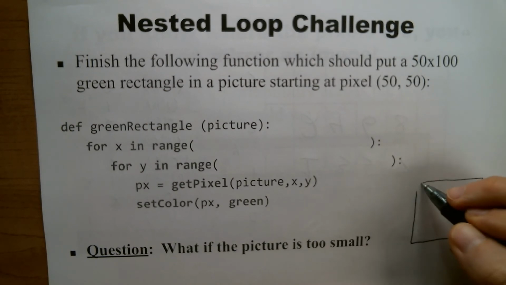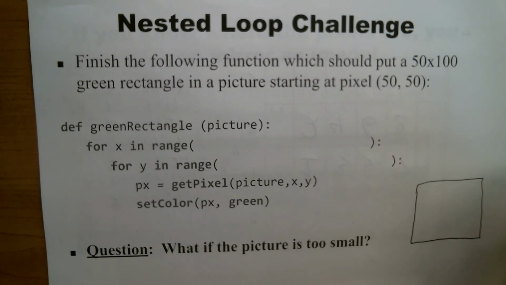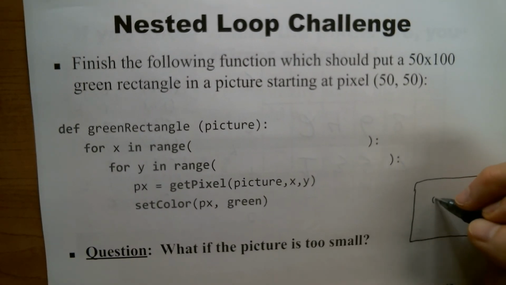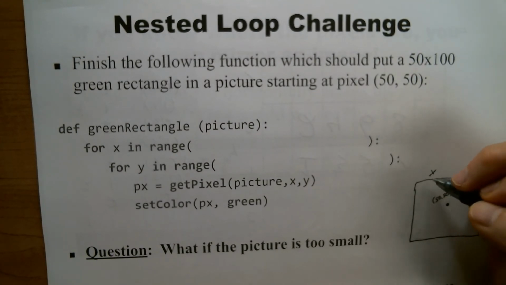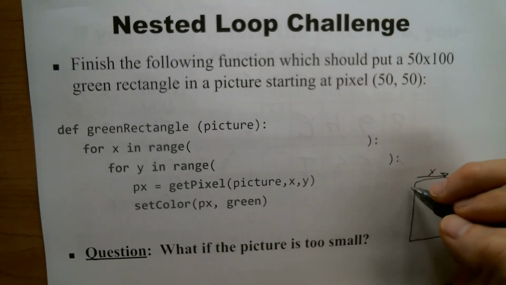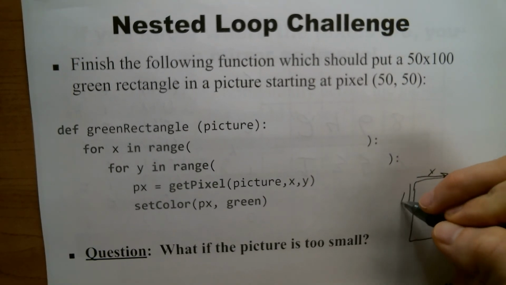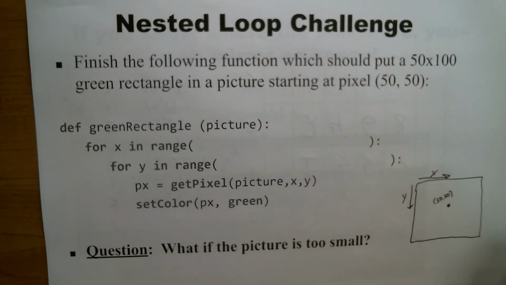Let's pretend this is our picture, and you want to make a rectangle starting at pixel 50, 50. So let's pretend that right here is pixel 50, 50. That means our X has gone over to pixel 50, and our Y has gone down to pixel 50.